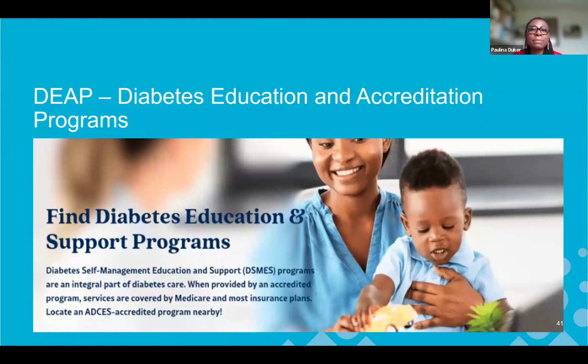So to be able to bill for services in a formal education program, there are standards that a program must follow. If they set those standards and are able to demonstrate that they can follow the standards, either ADCES or ADA, which is the second national accrediting body, can provide accreditation so that they can bill for services.